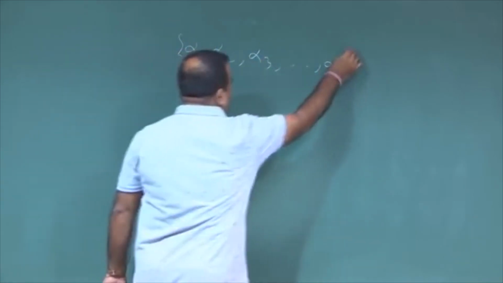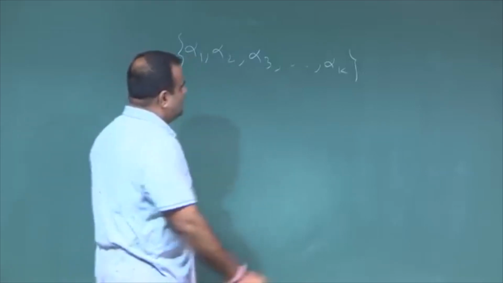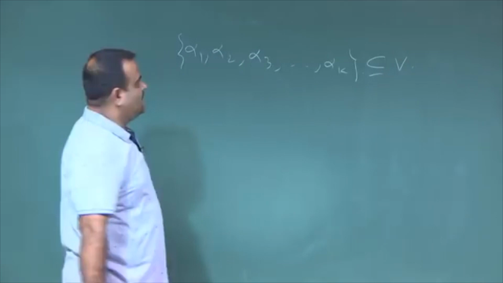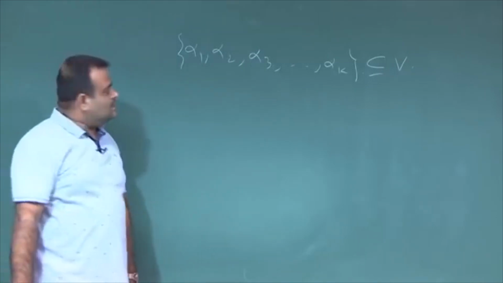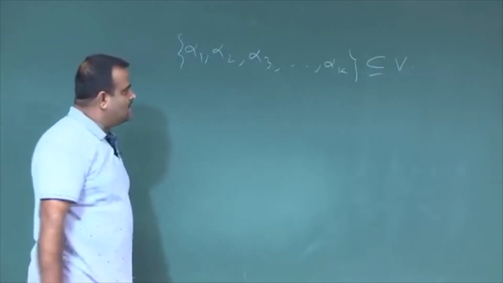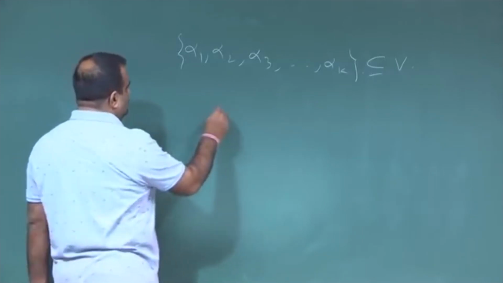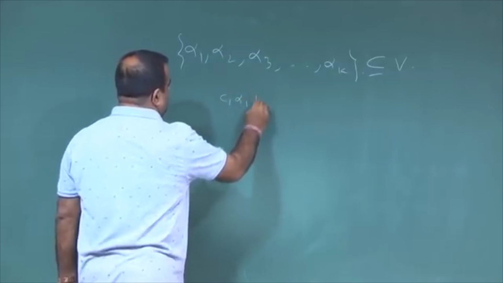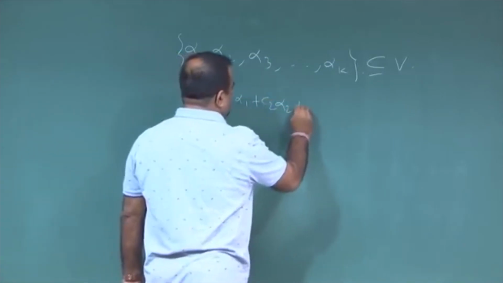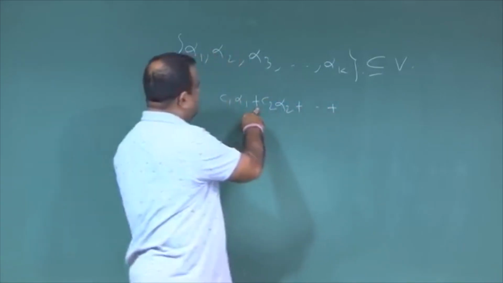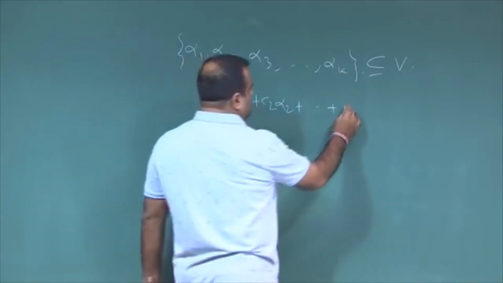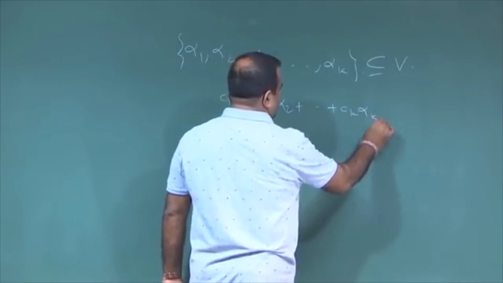Suppose we have k vectors, and these are coming from V, this is a subset of V. So, all the alphas are vectors. Now, we can define a linear combination of these vectors. So, if we take c 1 alpha 1 plus c 2 alpha 2 plus up to c k alpha k, this plus is basically vector addition, so we have to be a little careful.